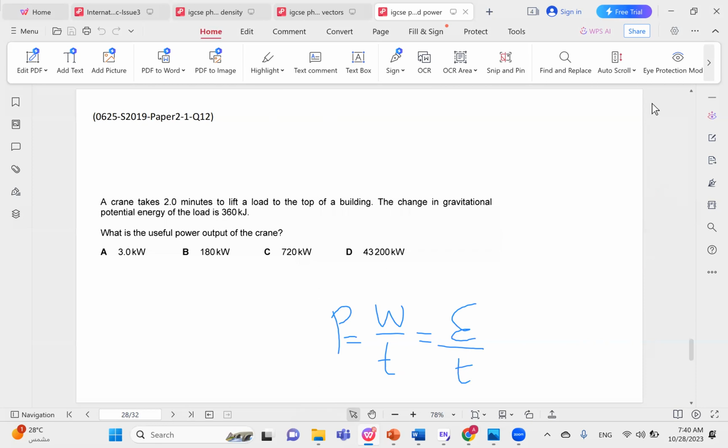So the change in energy here is 360 kilojoules. So that's 360,000. And the time is 2 minutes. So that's 2 times 60. And we just do the simple calculation. On the calculator, you get 3,000 watts. So that's equal to 3 kilowatts.